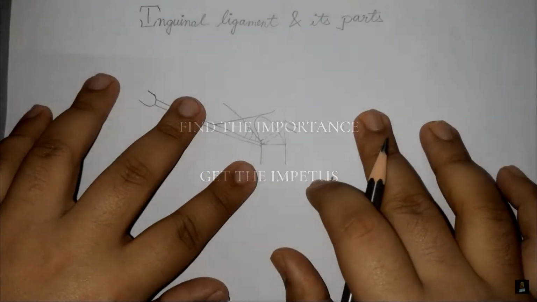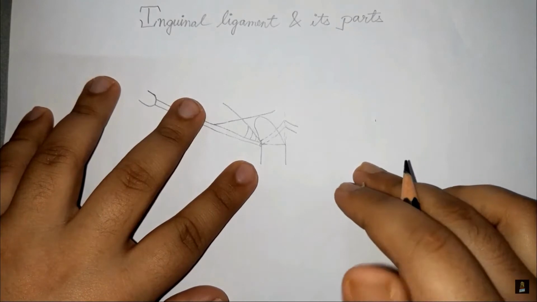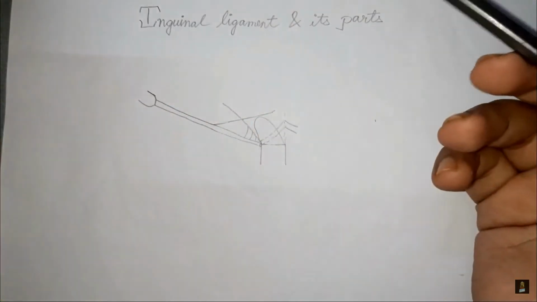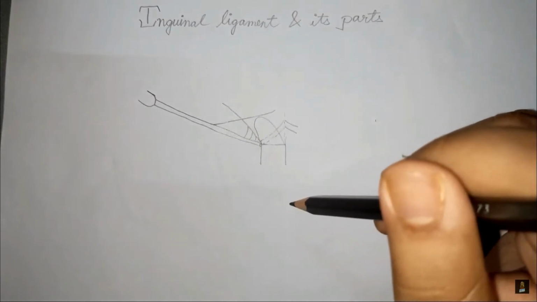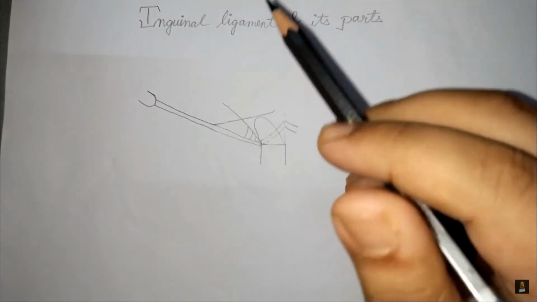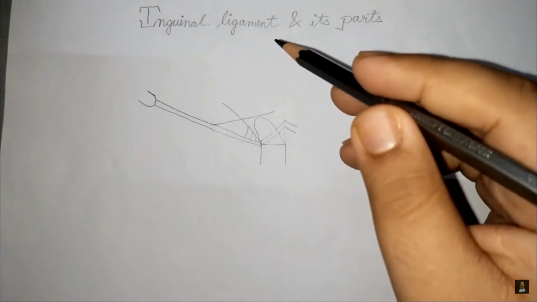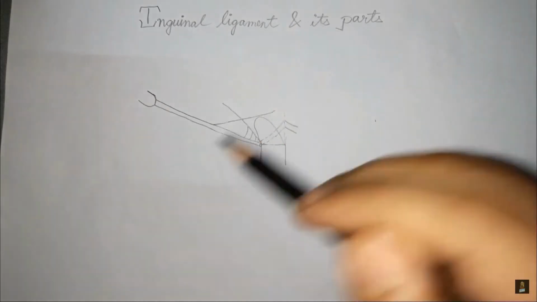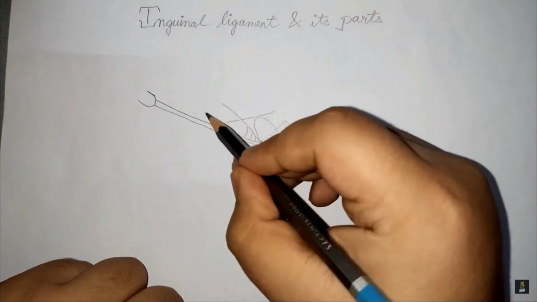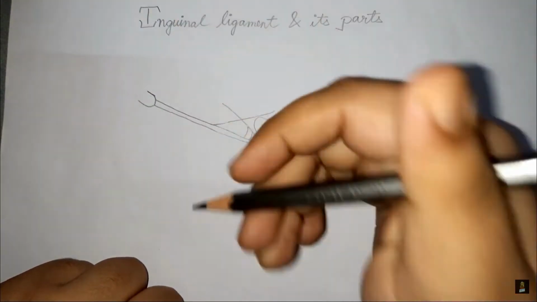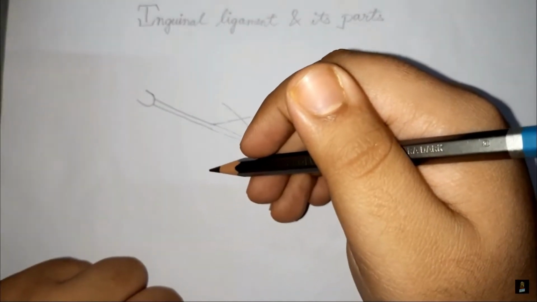We start this discussion with the inguinal ligament. As I had mentioned in a previous discussion, the inguinal ligament is a false ligament, by the way. It is nothing but the thickened, folded part of the external oblique aponeurosis.